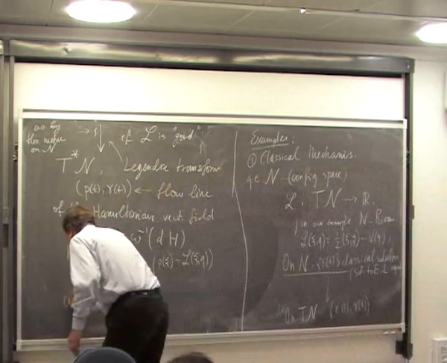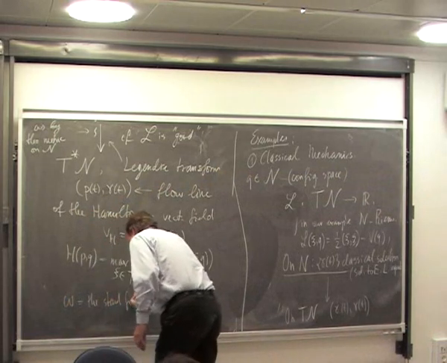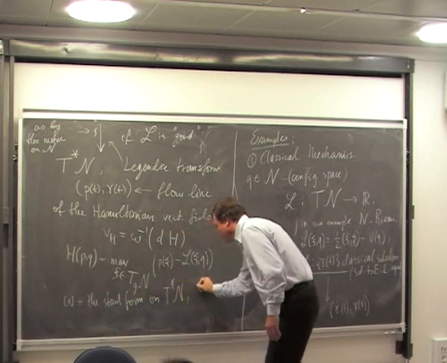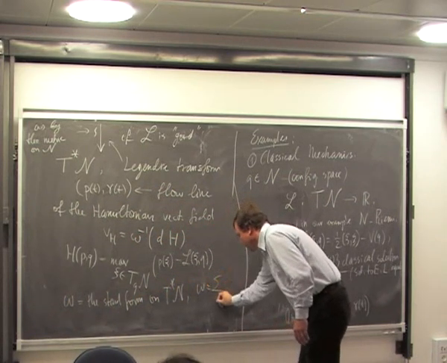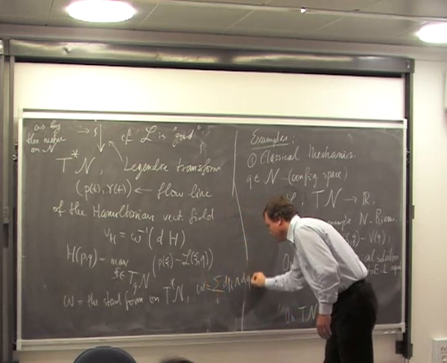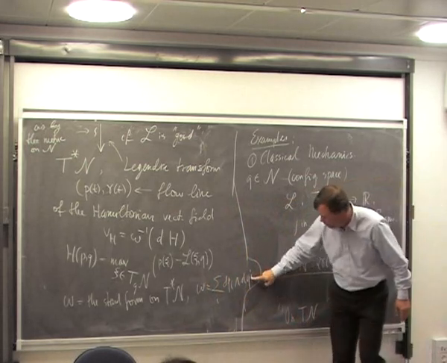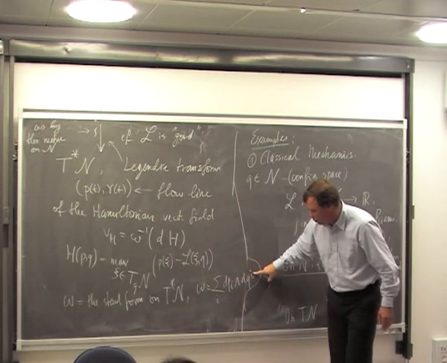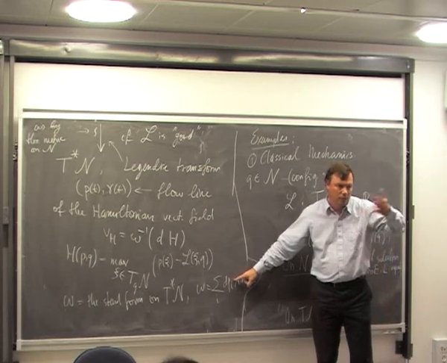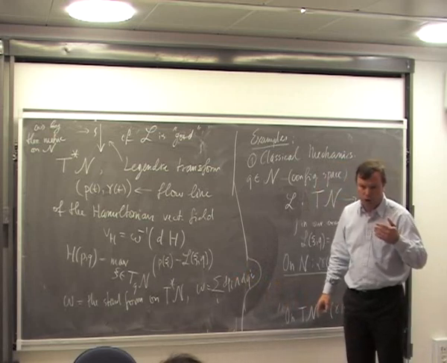Omega is the standard symplectic form on the cotangent bundle. In local coordinates, it's the sum over i of dp_i dq_i, where q_i are local coordinates on N, and p_i are natural induced coordinates on the cotangent spaces.